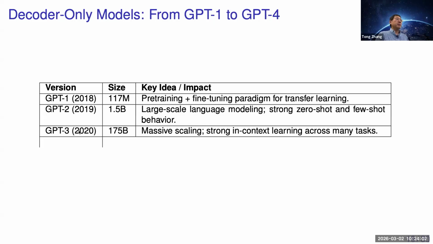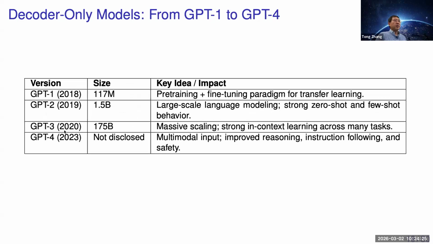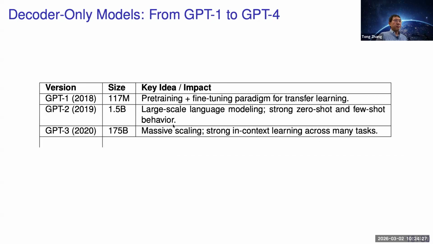This one is still not ChatGPT. ChatGPT requires additional steps, which we'll talk about later. GPT-3 plus instruction tuning plus RLHF is ChatGPT. They did publish a paper on that, InstructGPT, which is basically the paper associated with ChatGPT. GPT-3.5 requires post-training.